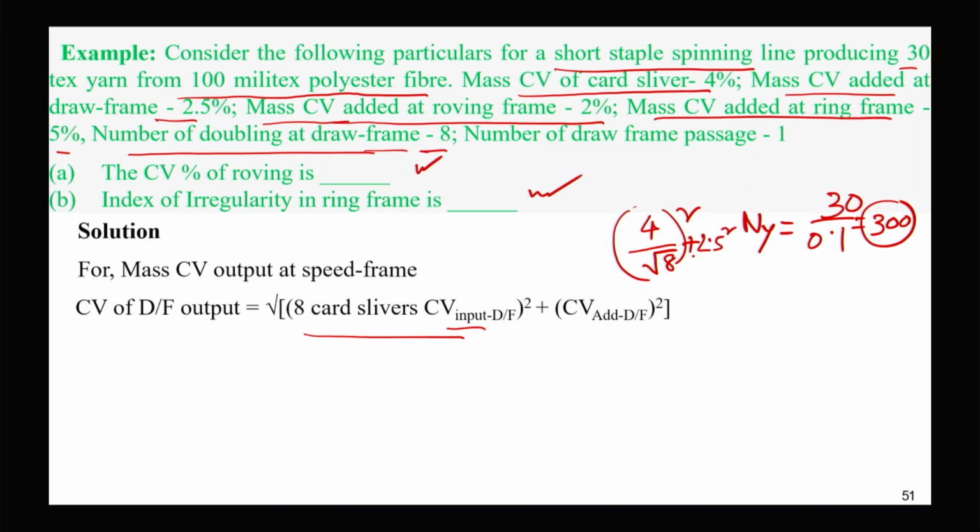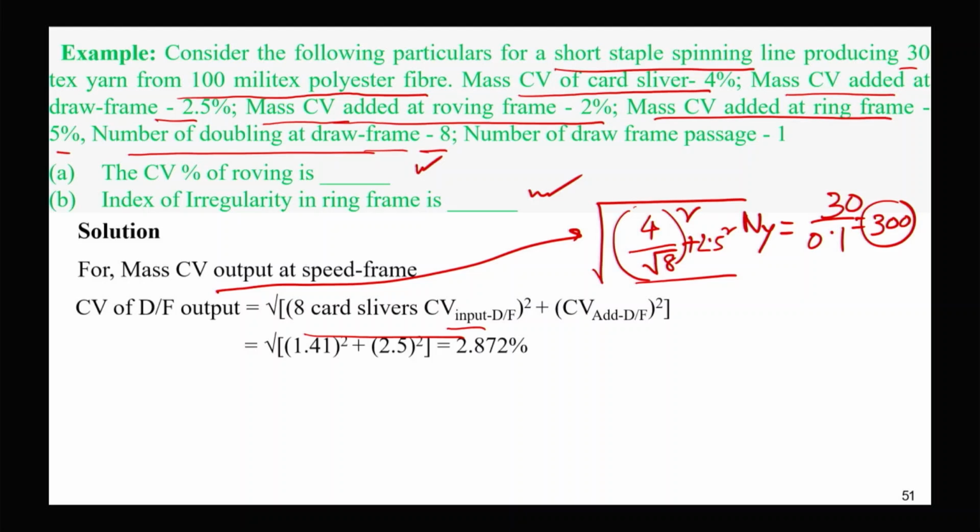So if we take the whole, we can see 4 by under root 8 will be 1.41 and this will be 2.5%. We will get 2.872%, which is CV% of draw frame output, because at the back of the draw frame we feed 8 card slivers and draw frame passage 1. So there is no issue.